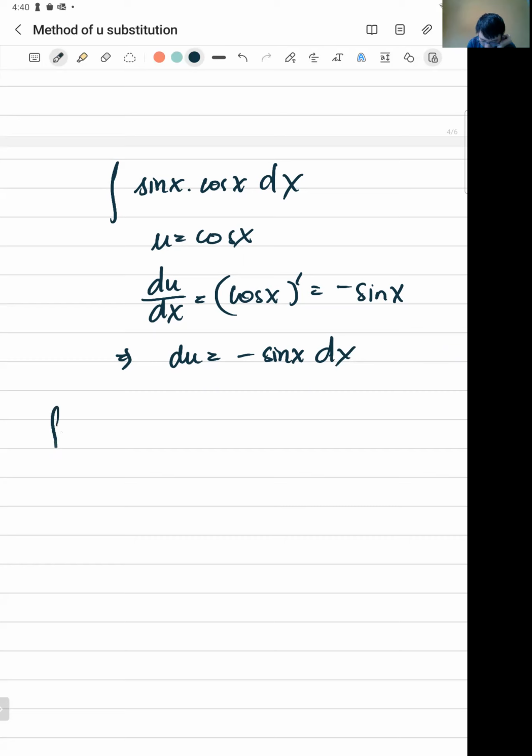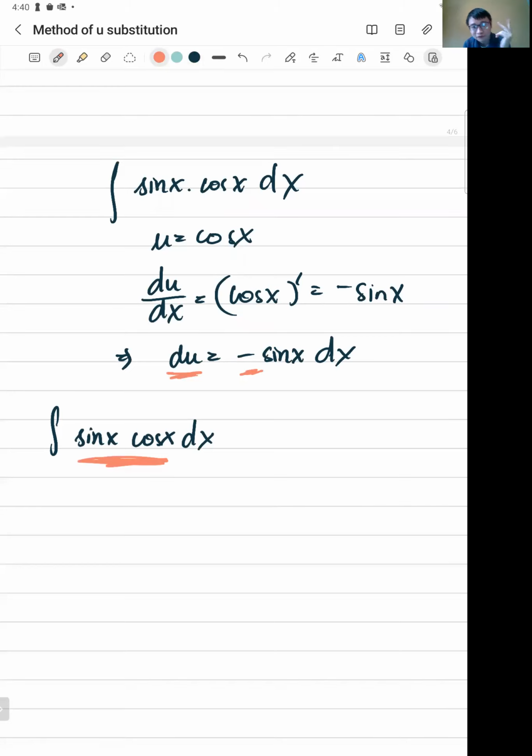I'm going to write this again, and I'm not apologizing for rewriting this, because it's kind of important for us to see. Well, now I see my du value is negative because of this sign, but the expression over here is positive.